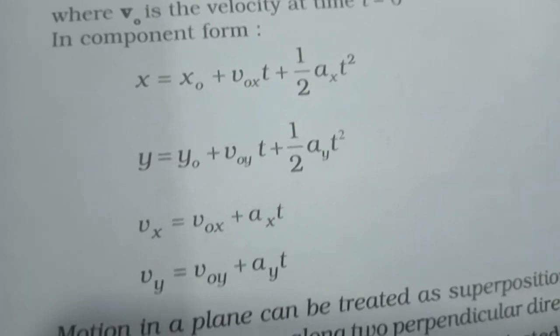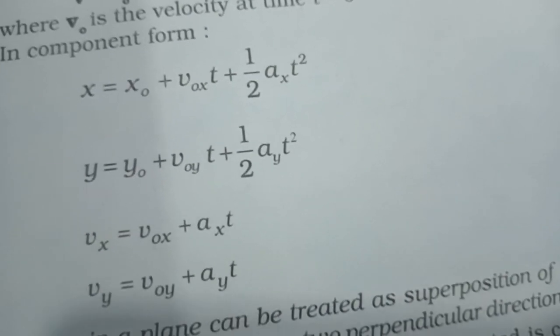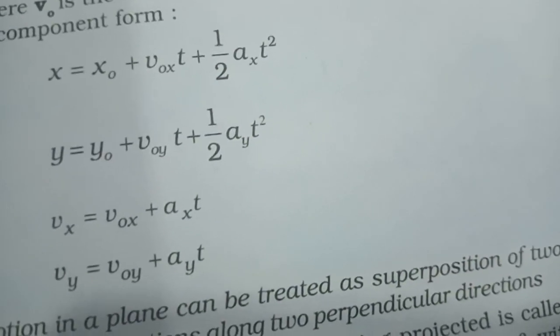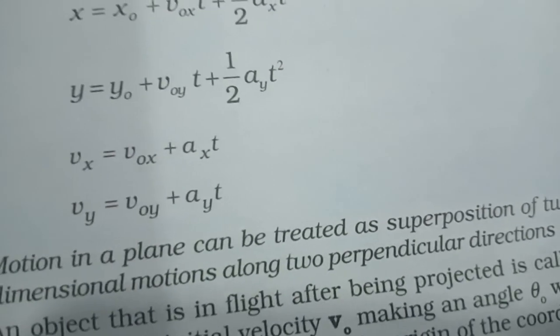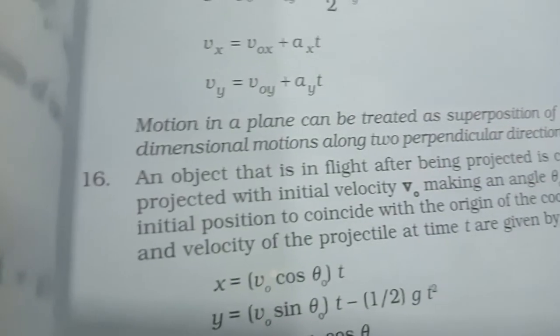In component form, x is equal to x naught plus vox t plus half ax t square, y is equal to y naught plus voy t plus half ay t square, vx is equal to vox plus ax t, vy is equal to voy plus ay t. Motion in a plane can be treated as superposition of two separate simultaneous one-dimensional motions along two perpendicular directions.